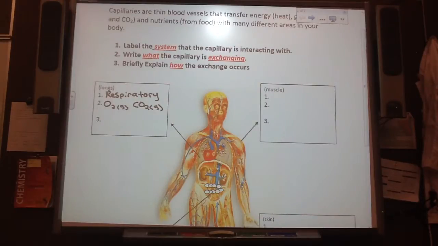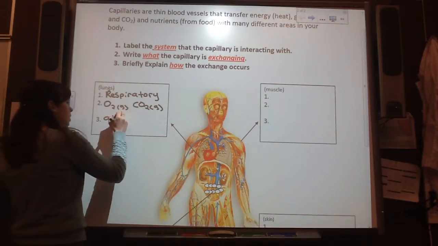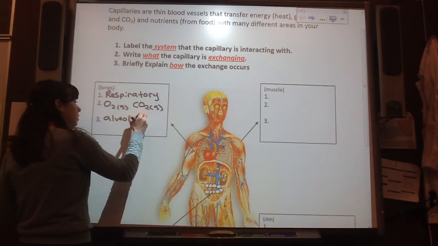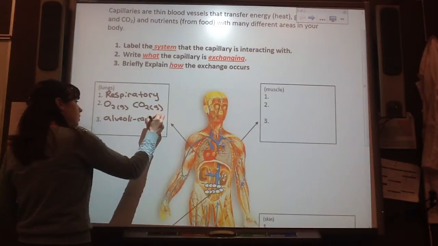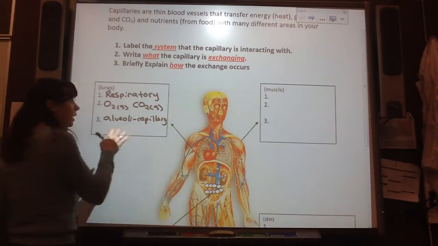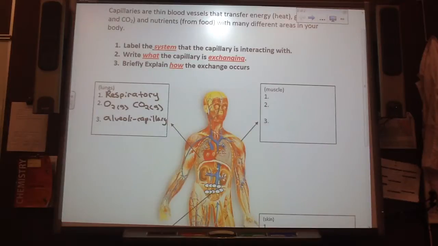Now how the exchange occurs will be a little different depending on which system we're dealing with. But what do we know about how the exchange occurs at the lungs? What place is it at, specifically? Alveoli capillary, yeah. The alveoli capillary network, we would call it.